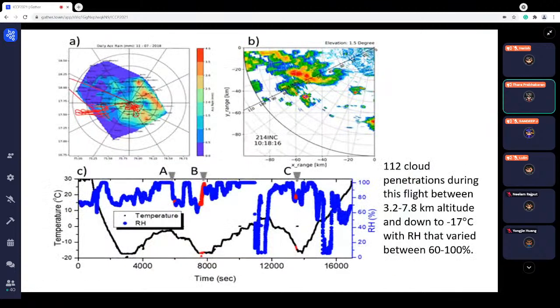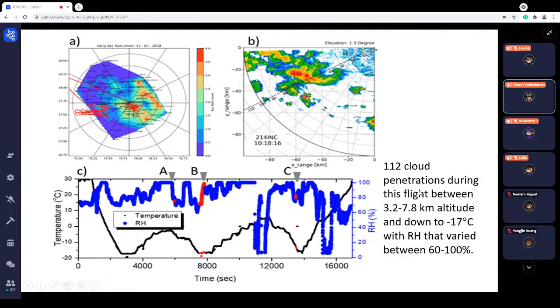Okay, so now coming to the aircraft observations. What you see here on the top is the accumulated rainfall for that particular day, and the red lines you see are the aircraft track. When you see so many such lines overlapped, we made several passes in that particular cloud.